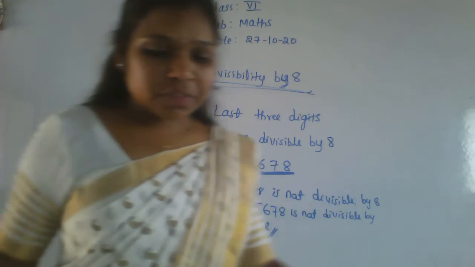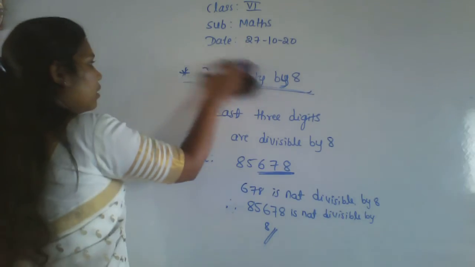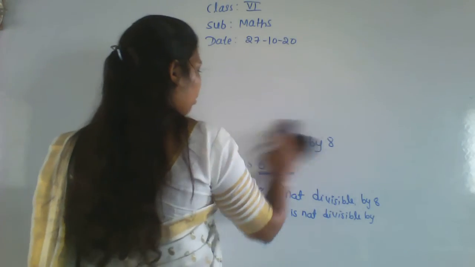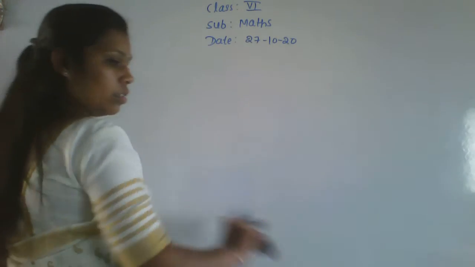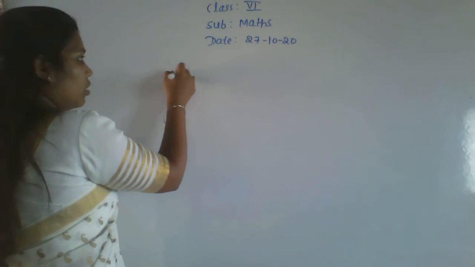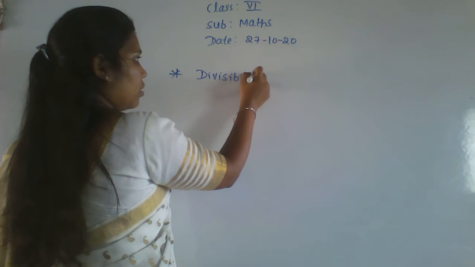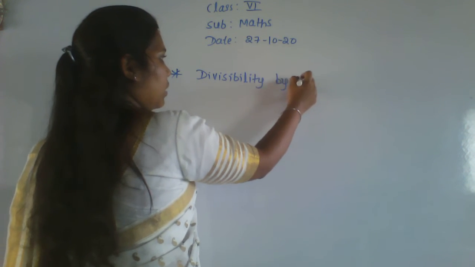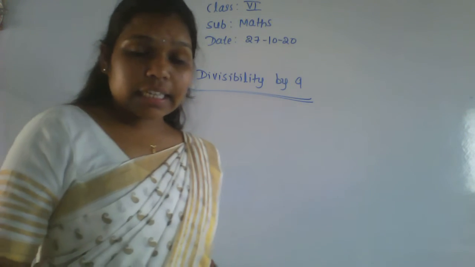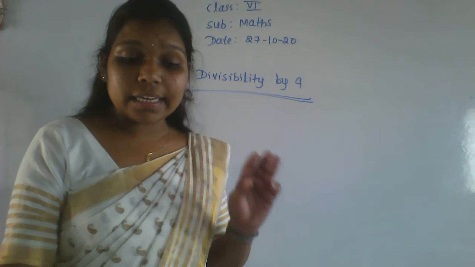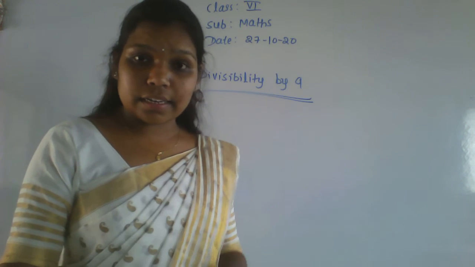Okay. So next one is divisibility by 9. A number is divisible by 9 if the sum of its digits is divisible by 9.